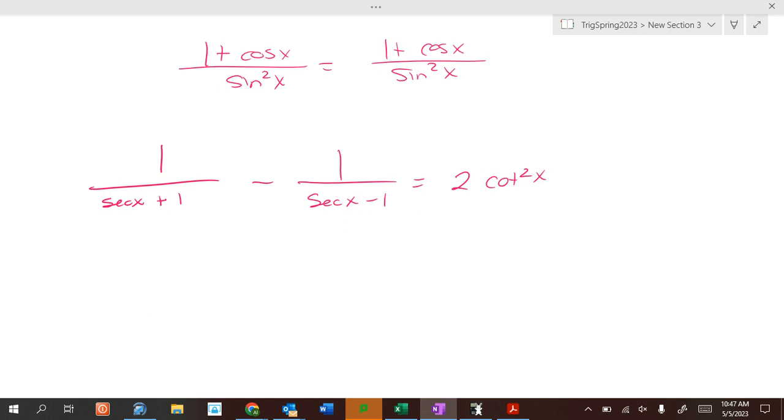We can turn them into sines and cosines, but I think I want to get a common denominator first. What's my common denominator? Secant of x plus 1 times secant of x minus 1. So I have to multiply the top and bottom of the first one by secant of x minus 1, and the top and bottom of the second one by secant of x plus 1.